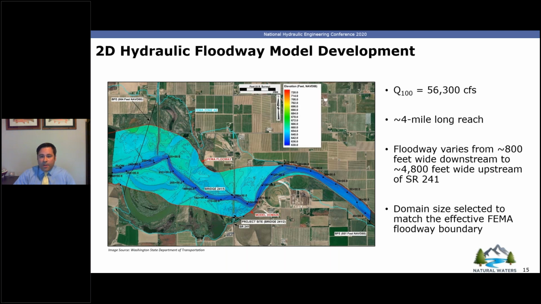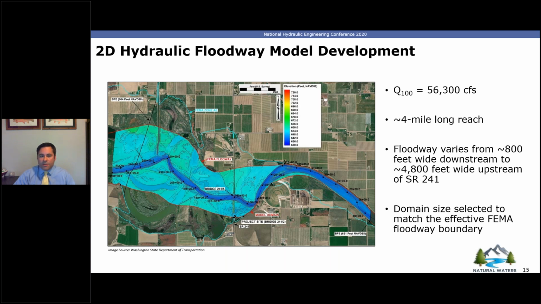On the other hand, the 2D floodway model basically had the same procedures as the floodplain model. The only big difference is that it utilized the FEMA floodway boundary to set the lateral extents of the domain. And as Scott mentioned, there are a couple of ways to do this depending on what program you're utilizing. You can set it to an unassigned value in your materials coverage within SMS.